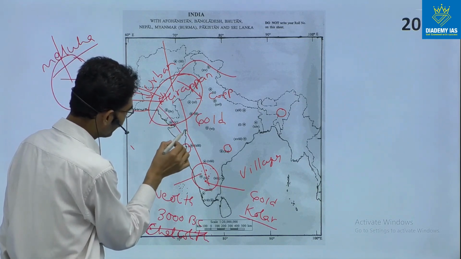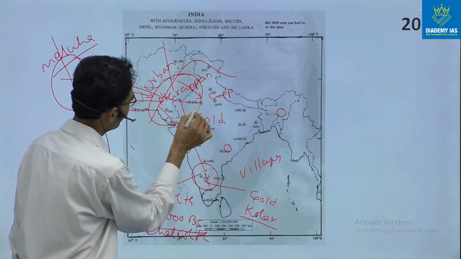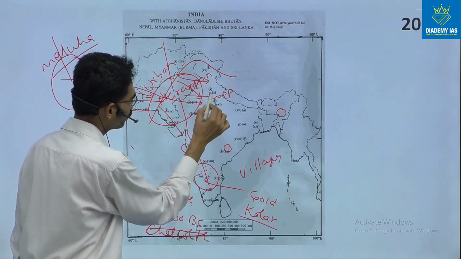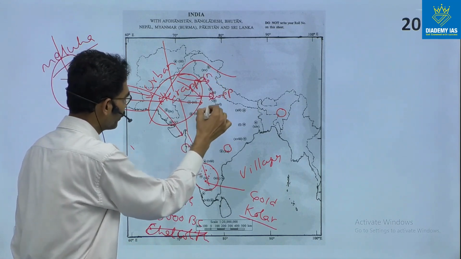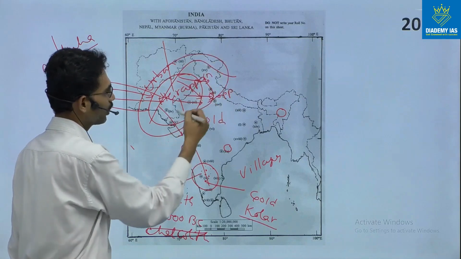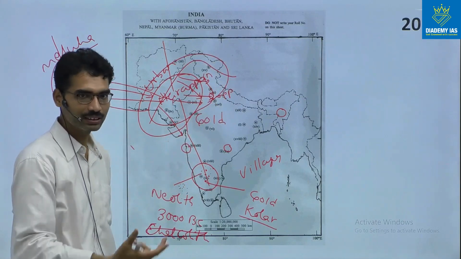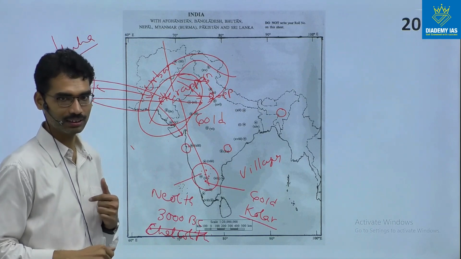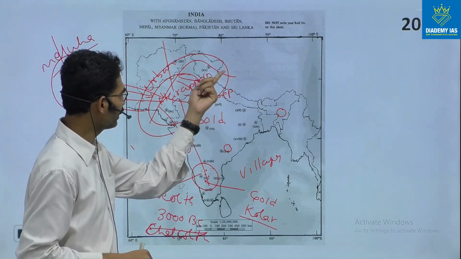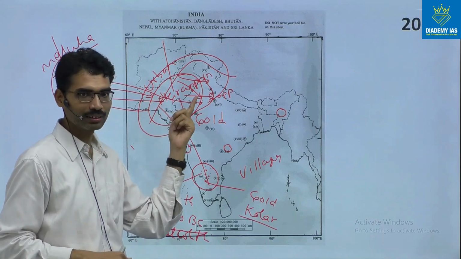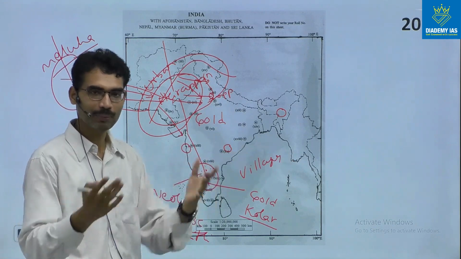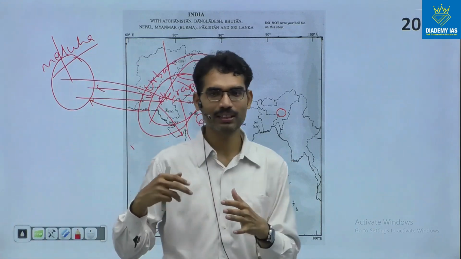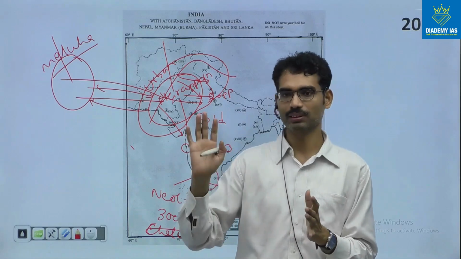They identified even at this location, they identified at this location, they identified here up to eastern UP, western UP. Later they found that now it is better to call Harappan civilization rather than Indus Valley civilization. If it is Indus Valley, it becomes a misnomer and it will not cover the places beyond Indus Valley. If it is Harappan, we are considering Harappa as the first site, that name is given.